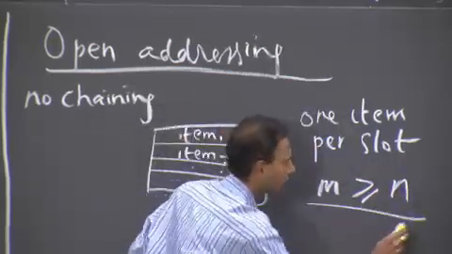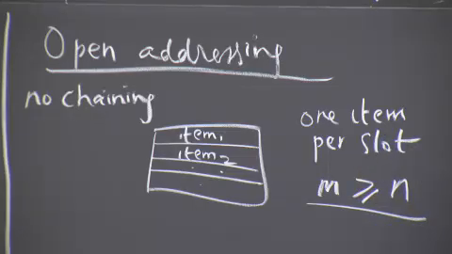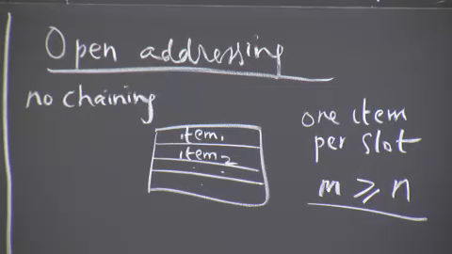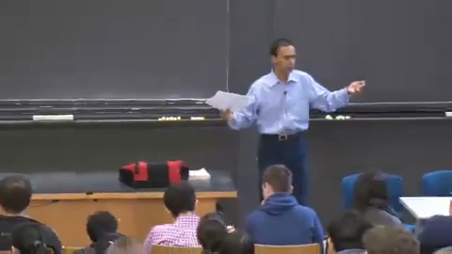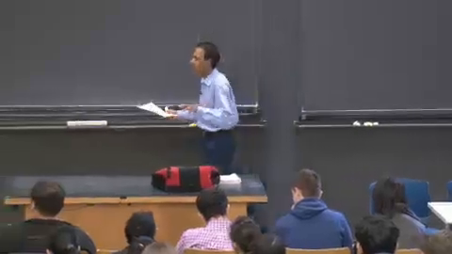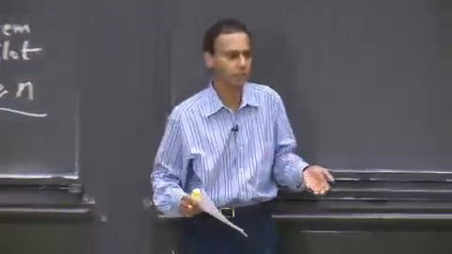So this is important because we don't have linked lists. We can't arbitrarily increase the storage of a slot using a chain and have n, which is the number of elements, be greater than m, right? Which you could in a hash table with chaining. But here you only have these array locations, these indices that you can put items into.